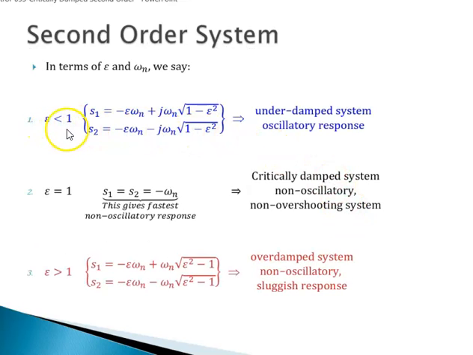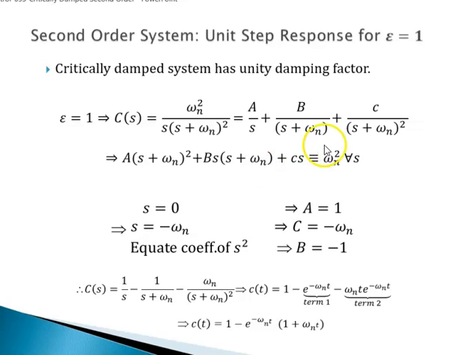We say that when epsilon is less than 1, the system is underdamped. This is the system we considered in the previous video. And when it is equal to 1, it is critically damped. That is what we will show in this video. When epsilon is greater than 1, you say it's an overdamped system, and we'll consider it in a subsequent video. So we'll start with considering epsilon equal to 1.